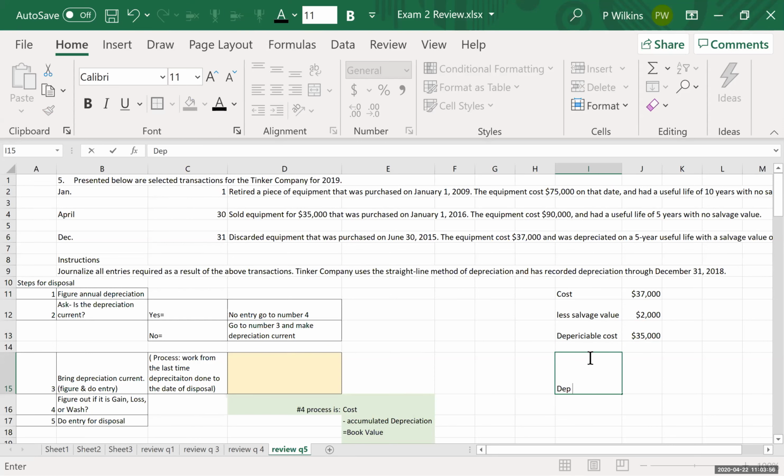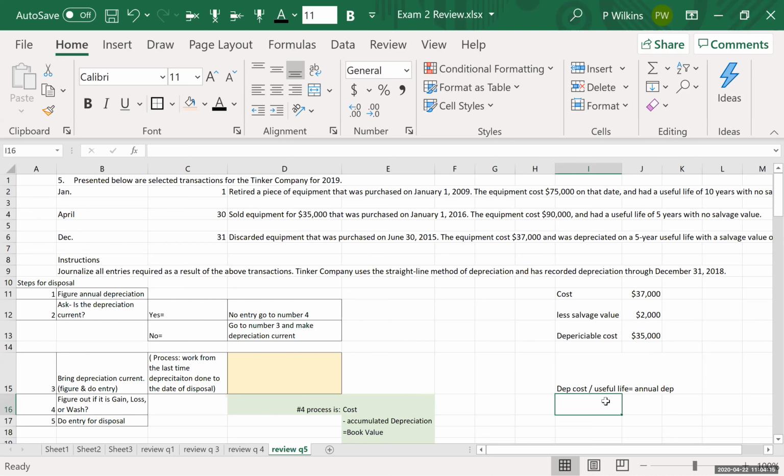So we take the depreciable cost of $35,000, and we're going to divide it by the number of years of useful life to get the annual depreciation.